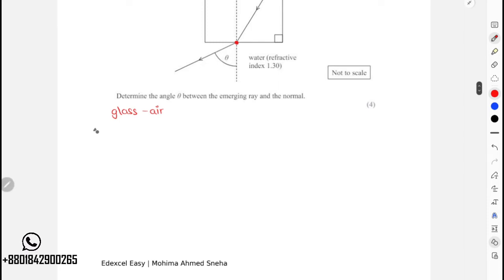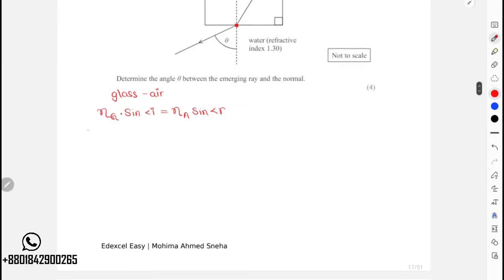So we can write, in glass, n glass sine angle I equals n air sine angle R. If it is creating angle R, that means I already know angle R is 90 degrees, and sine 90 is going to be 1, right?